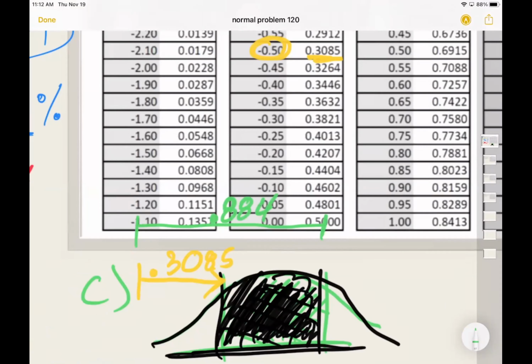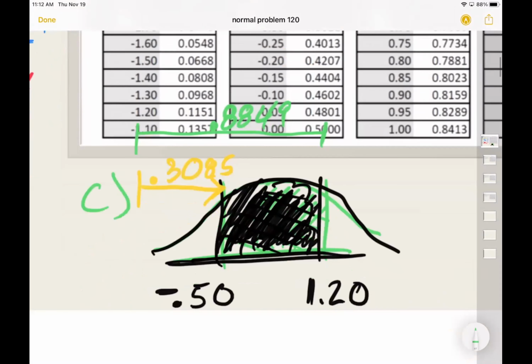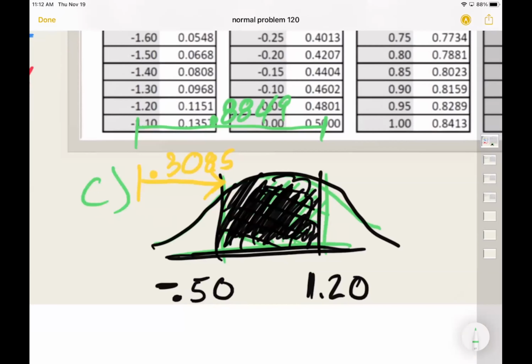So if you look at the yellow item, from the left side all the way across is 0.8849. But we're not looking for the whole thing here.